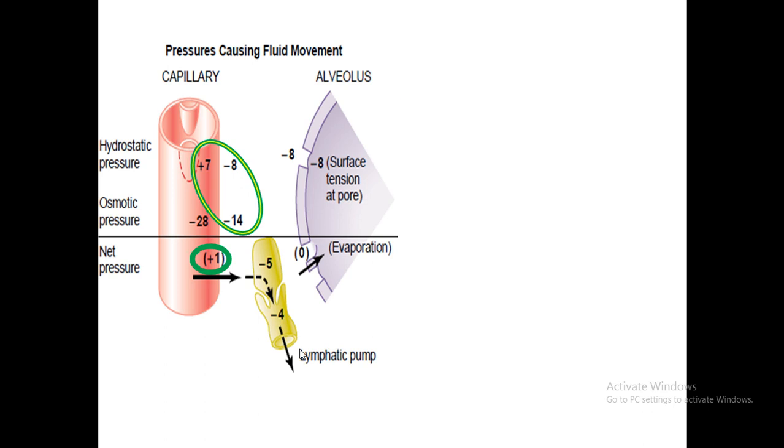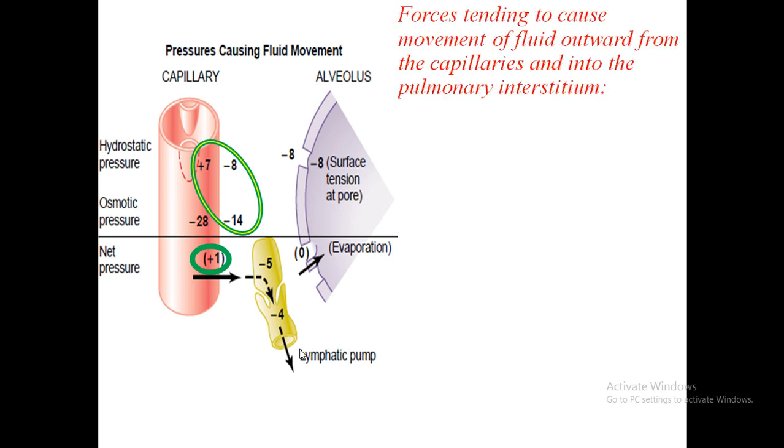If we consider the different forces acting on the blood capillary and the alveoli, you can see the hydrostatic pressure, the most important, and the osmotic or oncotic pressure because of the presence of plasma protein. These two forces are present inside the blood vessel, while outside they are also present, but there are certain differences.